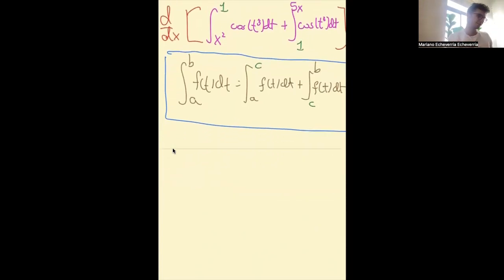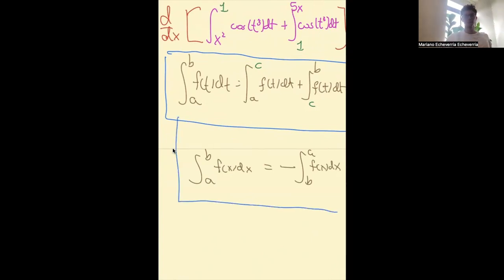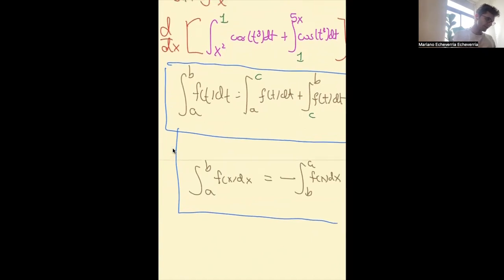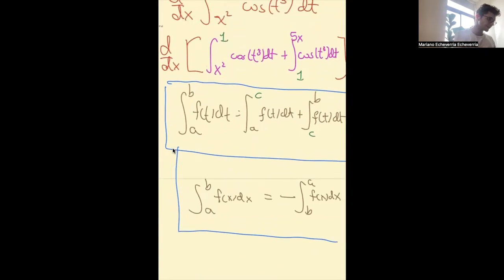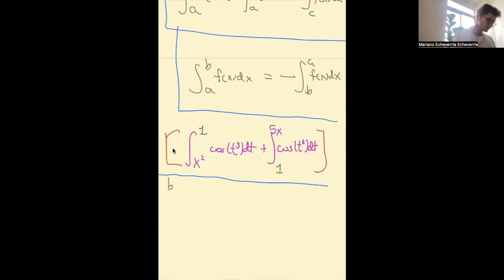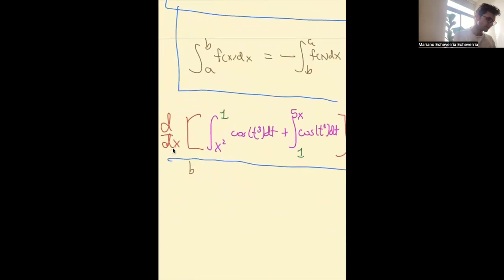So the other property that you need to use for this problem is that you can change the order of the bounds, but the price to pay is to put a minus in front. So the bounds can be flipped if you just multiply by -1. Okay, so let me continue with this problem. I'll just copy paste it to make it easier for myself. So if we keep continuing in this problem, what I'm going to do now is flip the first integral.